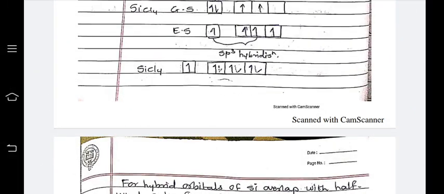That 1 electron is involved in the bonding, and chlorine also completes its octet. So in this way, each chlorine forms 1 bond with silicon: 4 chlorine and 1 silicon make 4 covalent bonds to give the product.